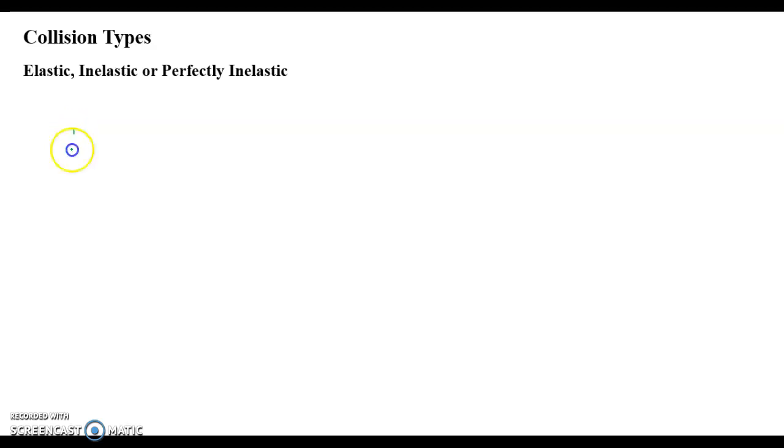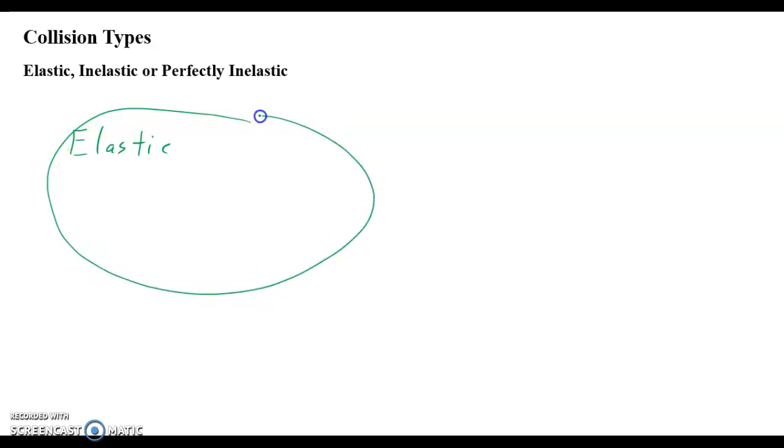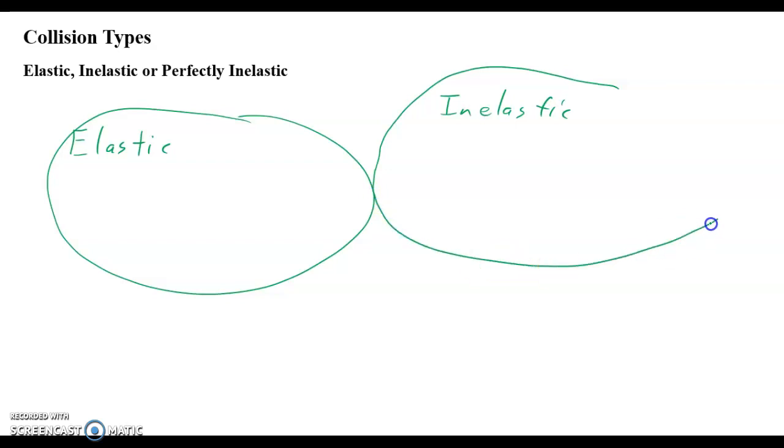There are really elastic collisions, and there are inelastic collisions. Those do not overlap. It's either elastic or inelastic. All collisions are either elastic or inelastic.